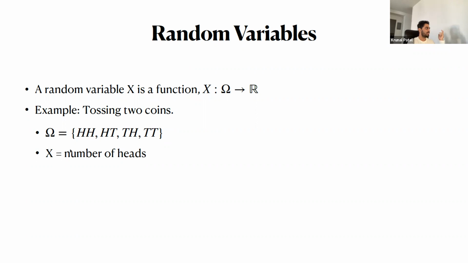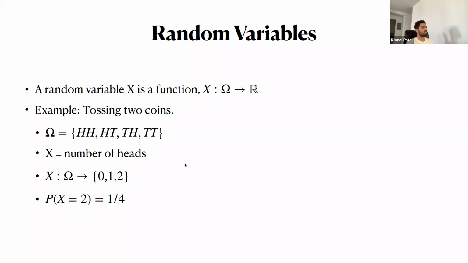So this is a function, and it is mapping all of these events to a number between 0 and 2. So that's my random variable. We can even calculate the probability of the random variable taking a particular value. Assuming the coins were fair and the 2 tosses were independent, we get a probability of 1/4 for 2 heads, because that's the only event where we have 2 heads.